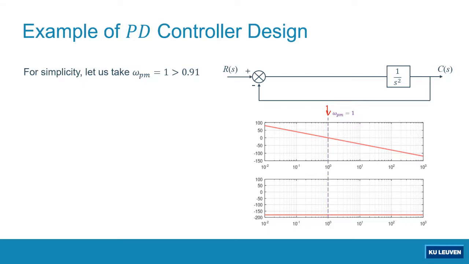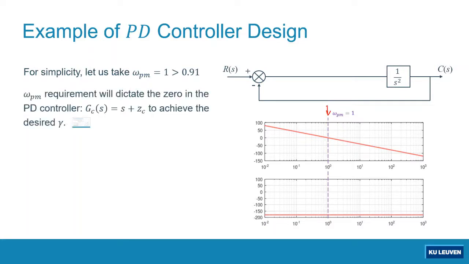We have also decided that in order to improve the tracking performance, we are going to use a PD controller, right? And the PD controller structure looks like this. The dynamic part looks like this: s plus zc. We will introduce an additional zero in our open loop transfer function.